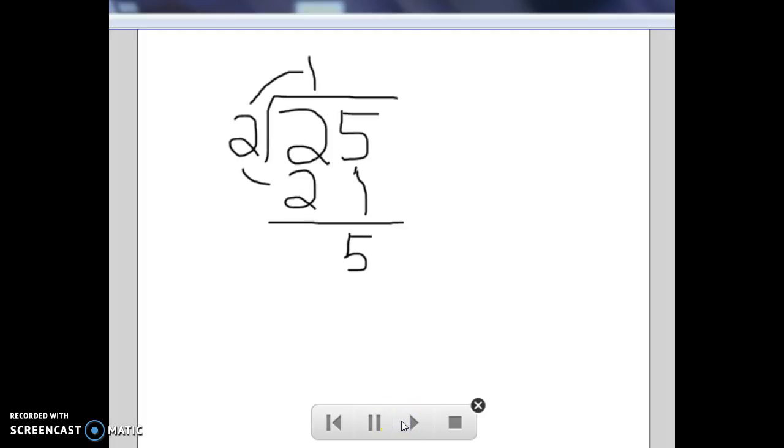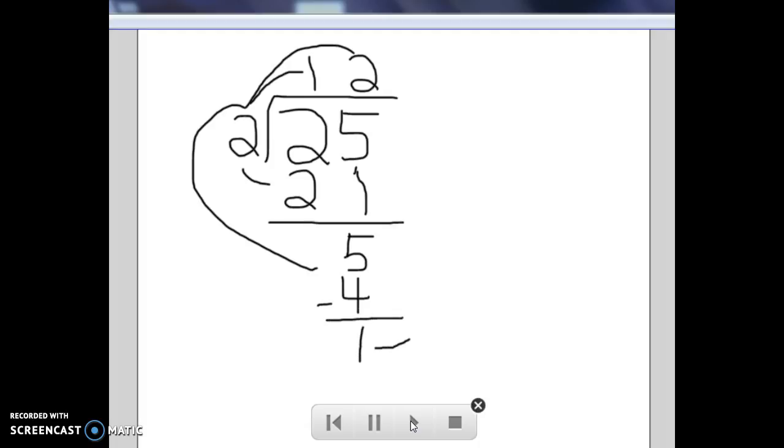So in your thought process, you're thinking, how many times does 2 go into 5? We know that 2 times 2 gives us 4. And we do our subtraction. 5 minus 4 is 1. Bring up your 1. That's our remainder. And so our answer is 12 with a remainder of 1.